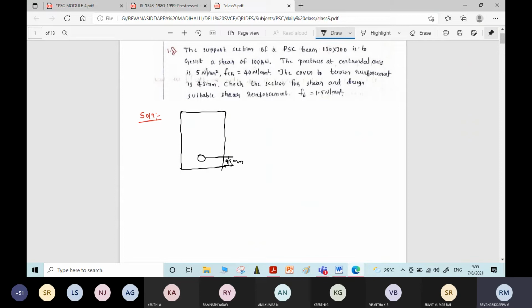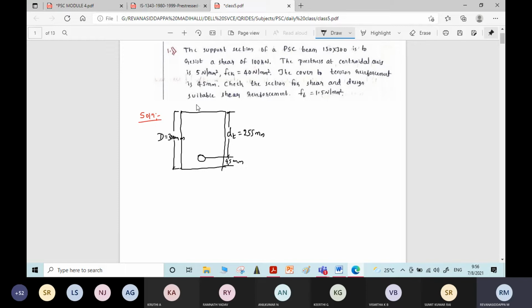And the overall depth of the beam, capital D, is equal to 300 mm. Therefore, the effective depth dt will be equal to 300 minus 45, which is 255 mm, the effective depth. The notation is taken as dt in that formula, so I will take the same notation, dt, effective depth.